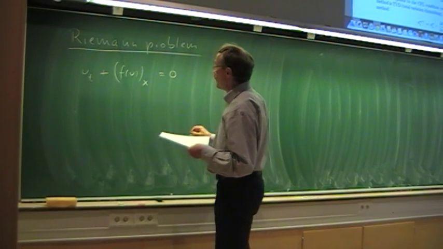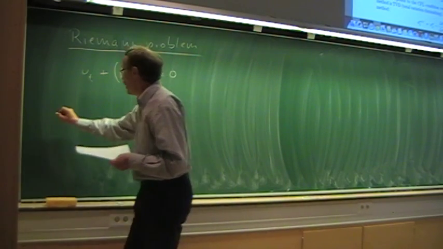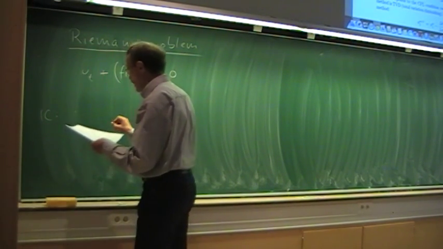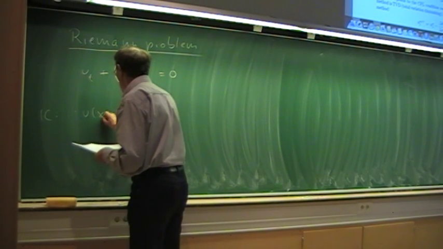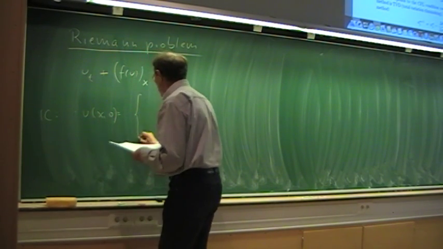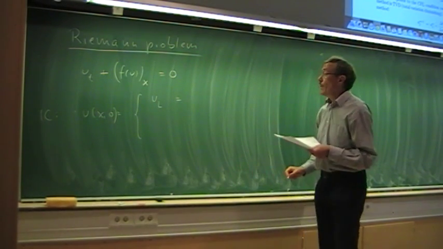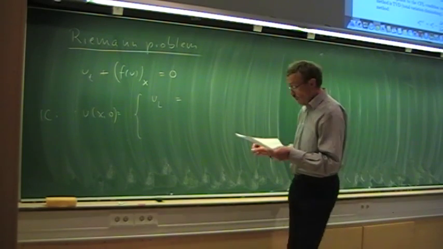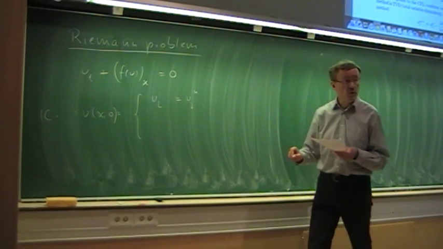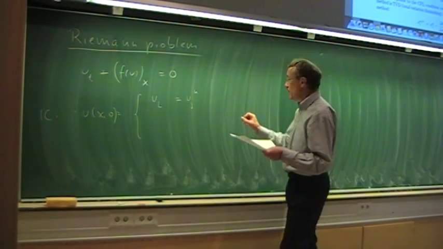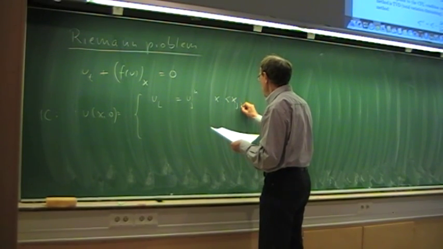That is with the initial condition, and the initial condition is u of x, 0 is equal to UL, and in the Godunov method we choose here the value in the cell j at the time level n for x smaller than the face that we consider.